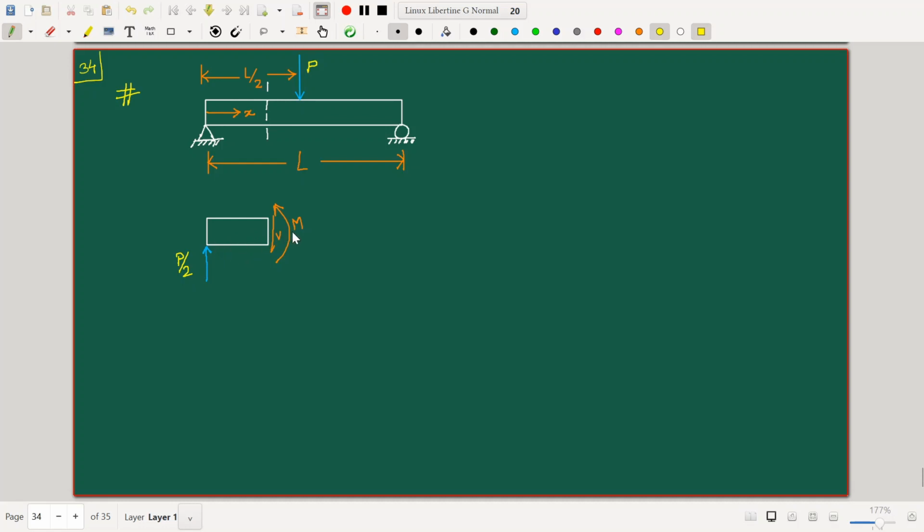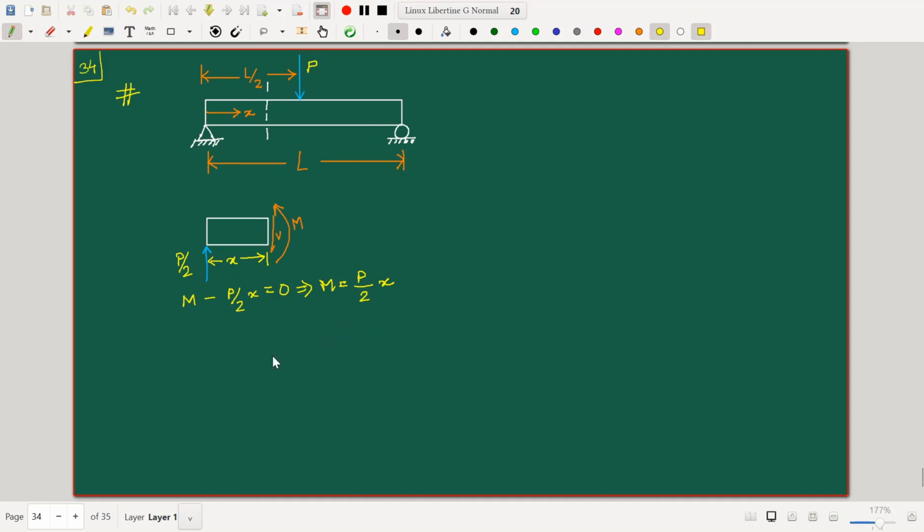So it's basically going to be M minus P by 2 times x, where of course this distance is x. So M minus P by 2 x is equal to 0. That gives us M is equal to P by 2 x. That is fine.